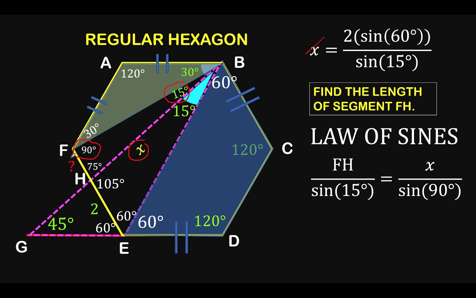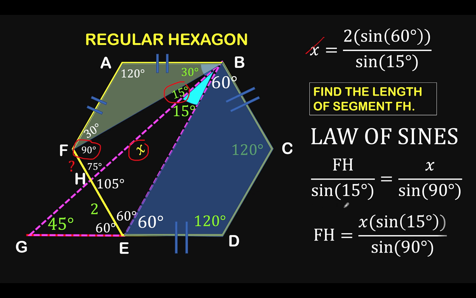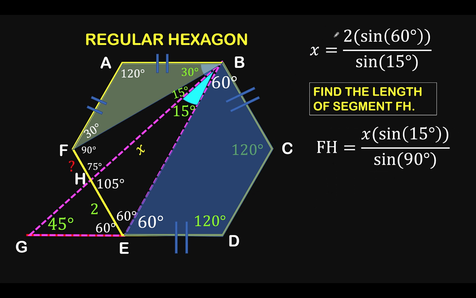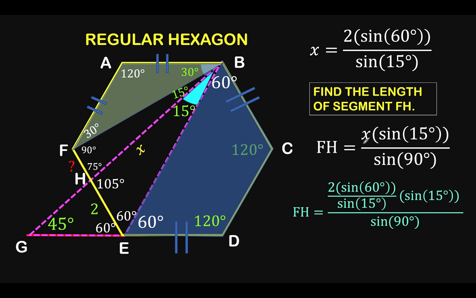Solving now for FH, we multiply both sides of the equation by sine of 15, and here is the result. This X, remember, is this value here, so we can now substitute the value of X to that equation to arrive at this. So this X is this part here, and we copy all the rest.